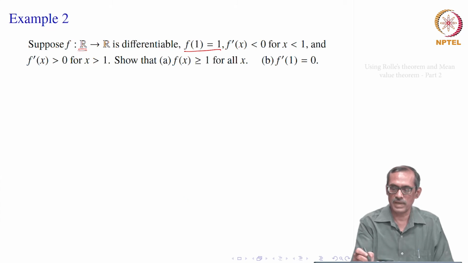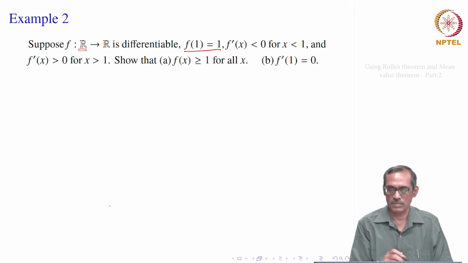See, there are two different pieces of information. One is about the functional value at 1 and the other is talking about f'. So, f'(x) is 0 for x less than 1 and f'(x) is bigger than 0 for x bigger than 1.